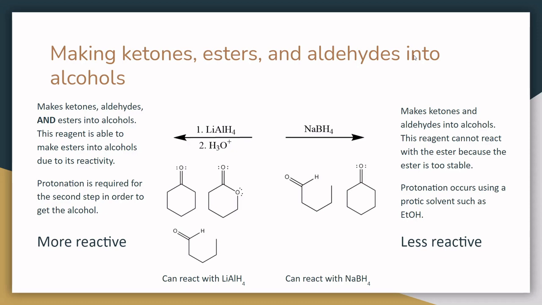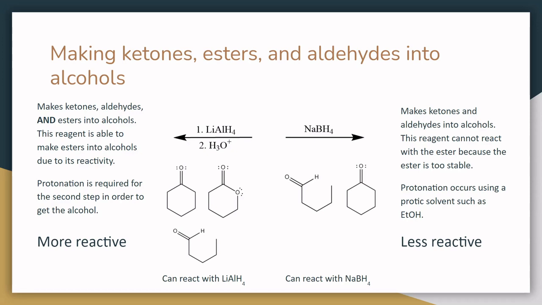The biggest distinction between lithium aluminum hydride and sodium borohydride is that lithium aluminum hydride is more reactive than sodium borohydride. This means that lithium aluminum hydride will react with certain functional groups that sodium borohydride cannot, specifically esters.